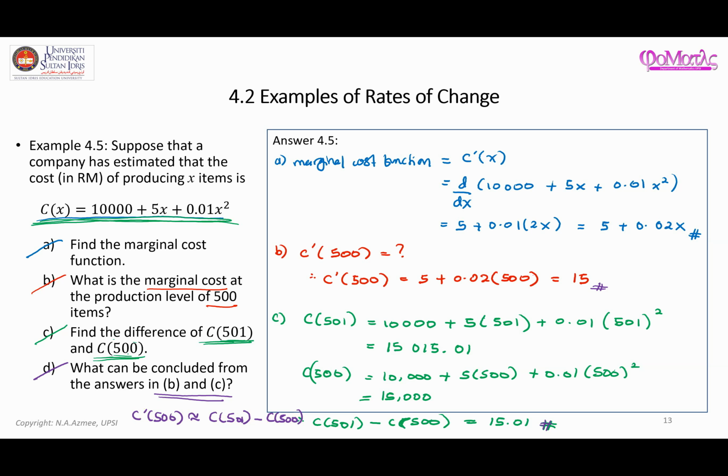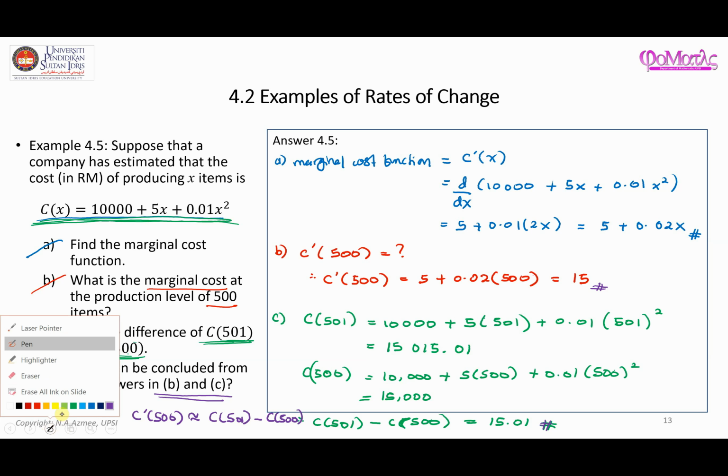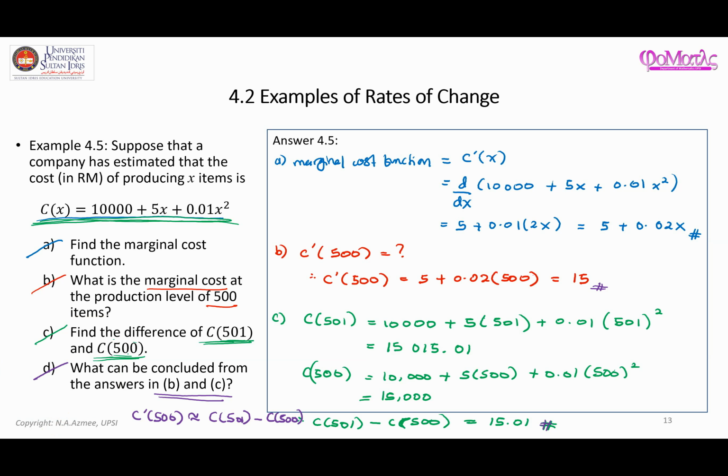Now that brings me to the thing that I would like to explain to you. If you look at this process that we did here, what is the meaning of C(501)? The meaning here is basically the cost of producing 501 items. Okay, so the cost of producing 501 items is 15,000 plus.